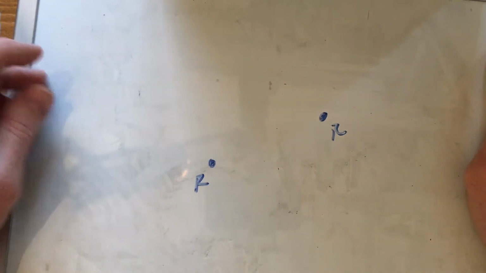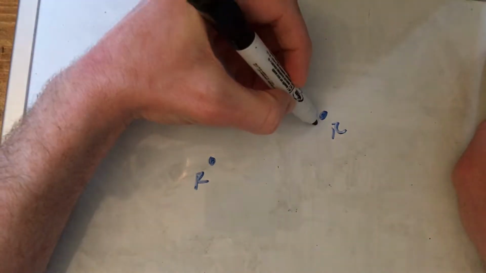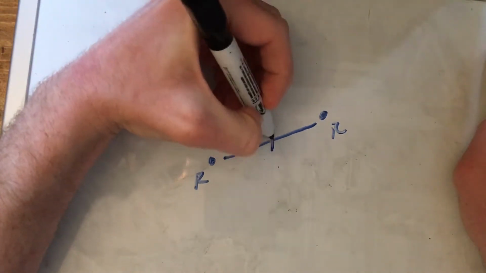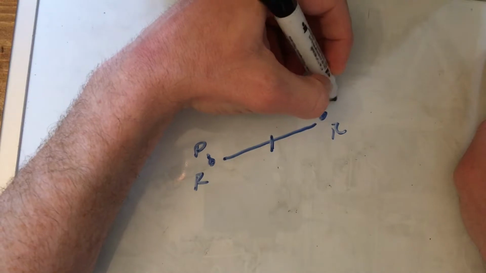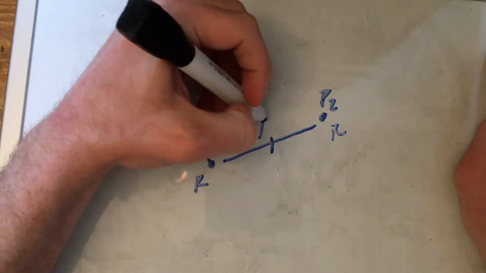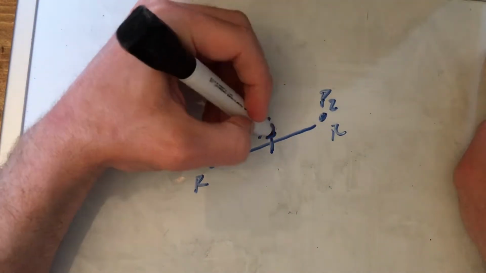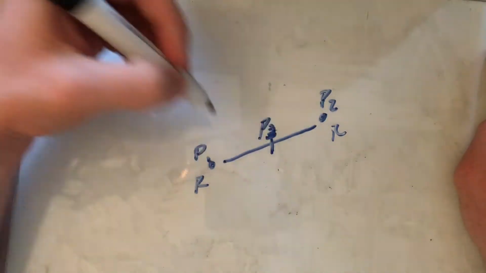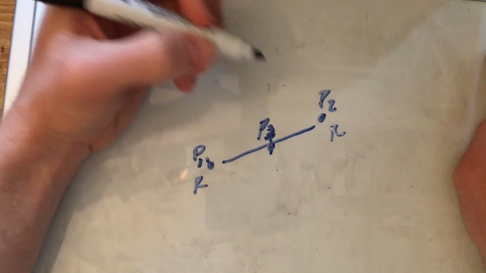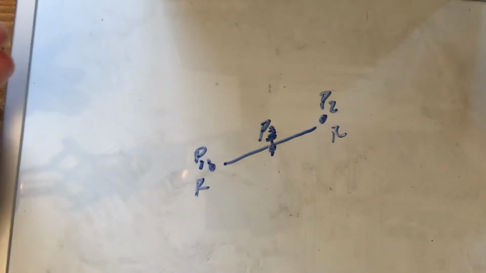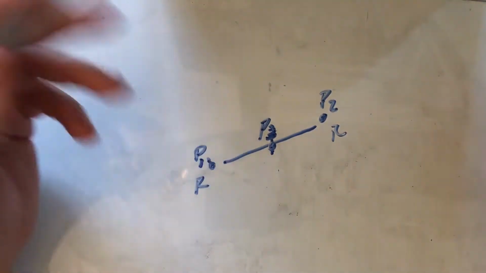Now, let's go ahead and draw a line segment between them. We're going to call this point 1 and this point 2. And now at this point here, point 3, we're going to label this as being the midpoint of these 2 guys here. So we're going to have cases based on this point.